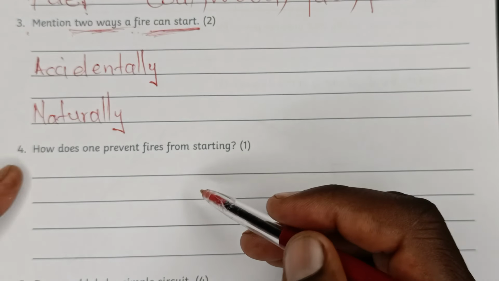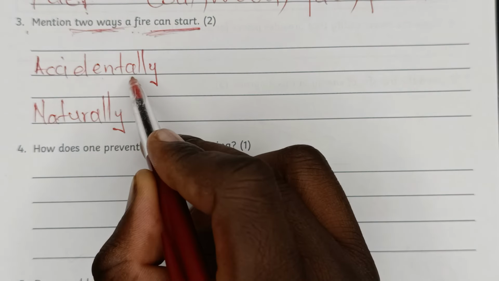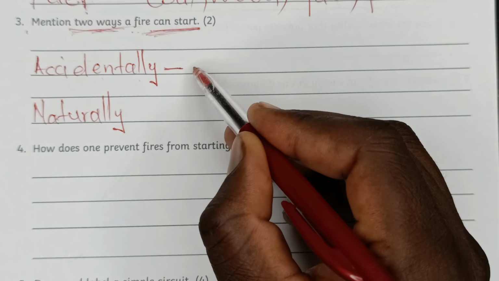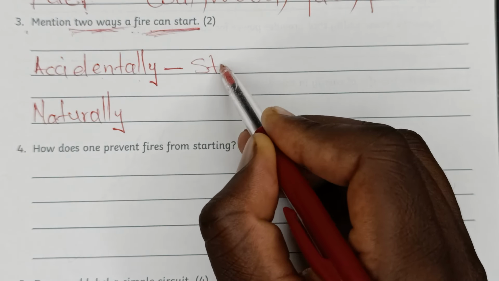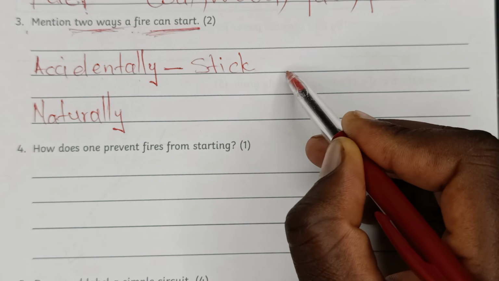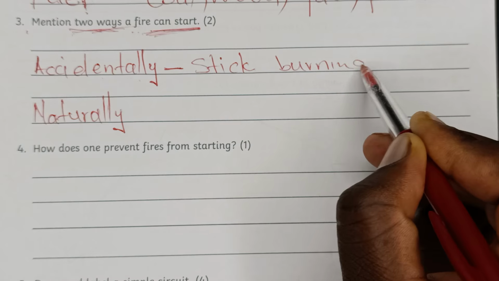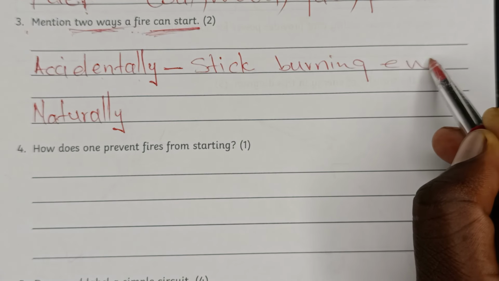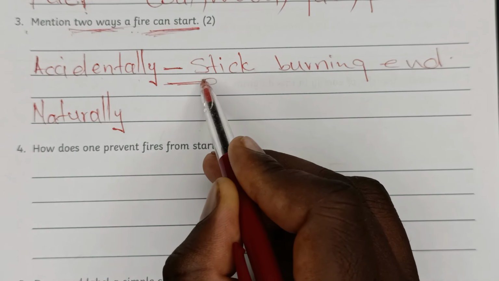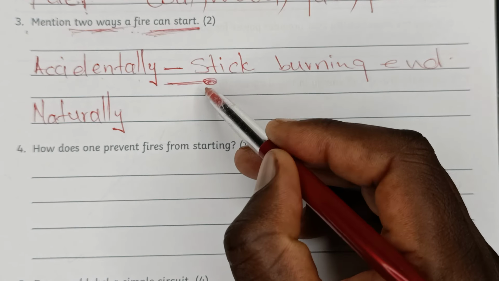Okay, first let's talk about the fire that starts accidentally. This means that maybe by mistake you throw away a stick that has a burning end. You find that you have got a stick, but the other end of the stick is still burning. You throw it away.